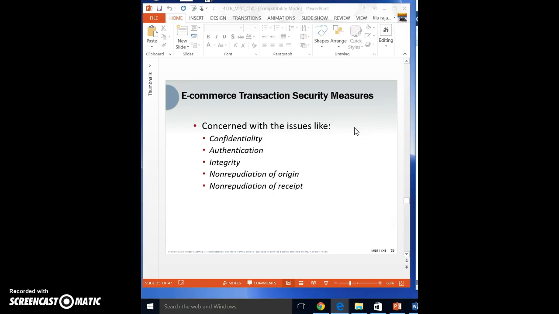Now let's look at e-commerce transaction security measures. In an e-commerce transaction, there are three factors that are critical for security: authentication, confirmation, and non-repudiation. Authentication is important because the person using the credit card number in an online transaction is not necessarily the card's legitimate owner, for example.